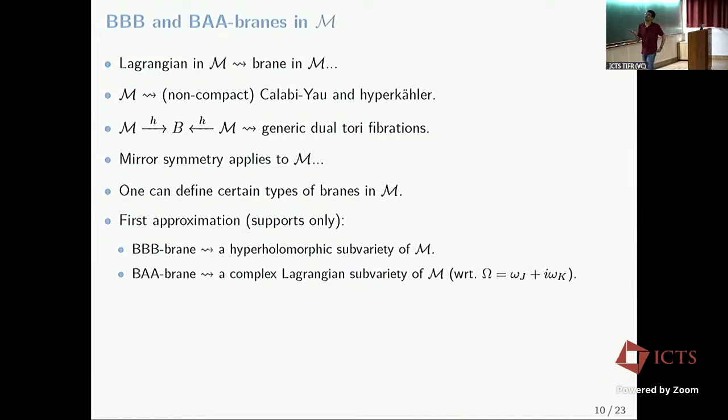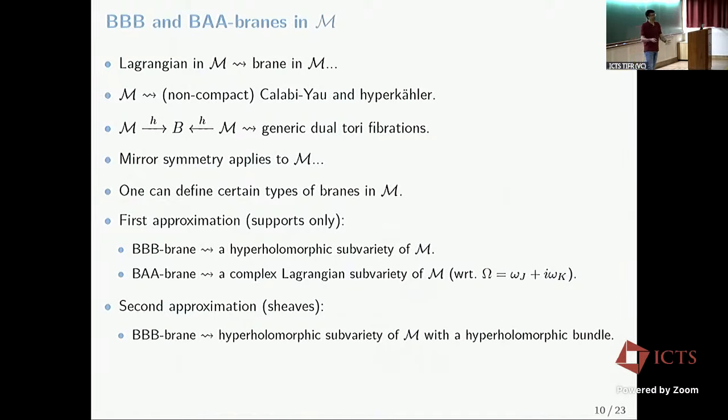And the BAA brane is a complex Lagrangian subvariety with respect to the symplectic form, okay? This symplectic form is the real symplectic form for complex structure J, and this one is for K. So the A's here mean that this thing is Lagrangian for J and K, and then, of course, it's Lagrangian for the complex symplectic form. Okay, so this is only for supports.